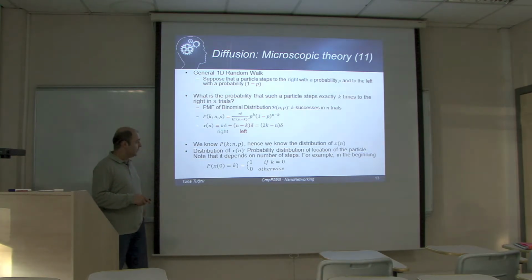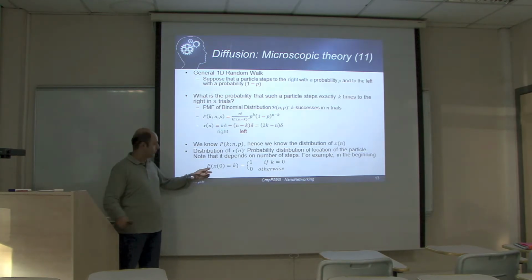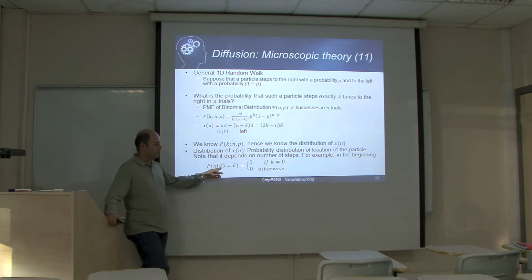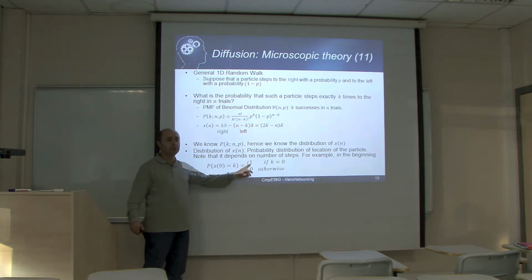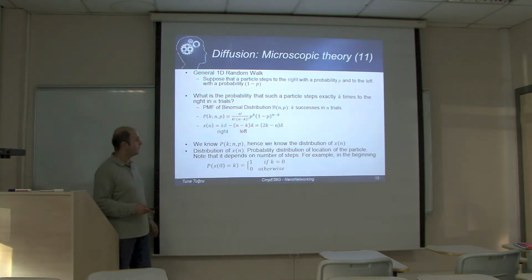For example, in the beginning, x0, okay, after 0 steps, your position being k would be what? Initially you're at the origin, so if k is 0, the probability would be 1. Otherwise, it would be 0. Okay? For t equals 0.